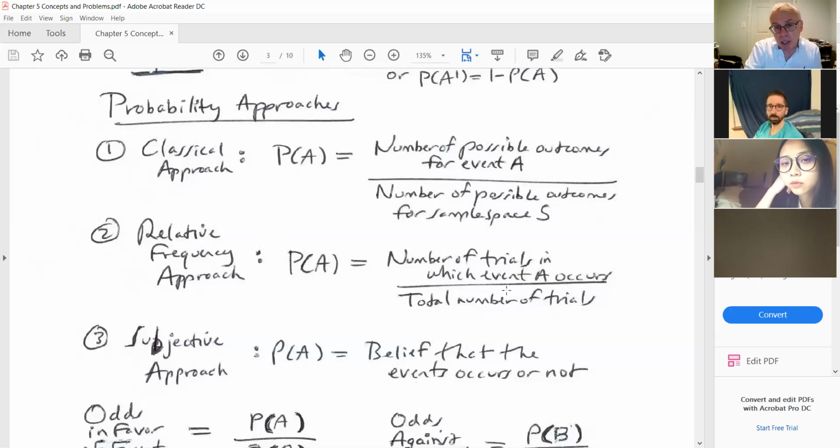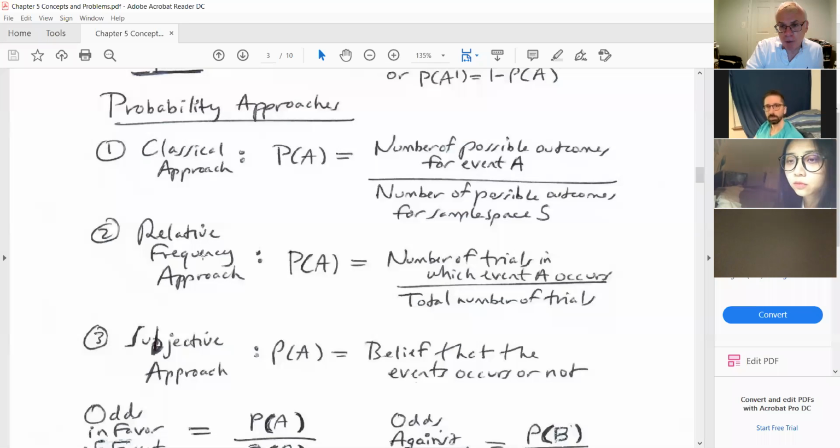Now that's the thing. With a relative frequency approach, you're estimating the probability of the entire population. Whether it's a good estimate or not is another story. It depends on whether it was a random sample and that sort of thing. But this is an approach where you're using relative frequencies.